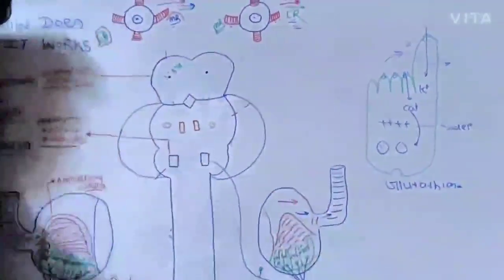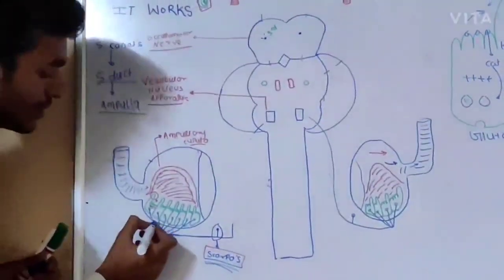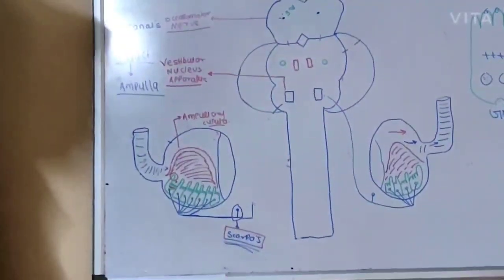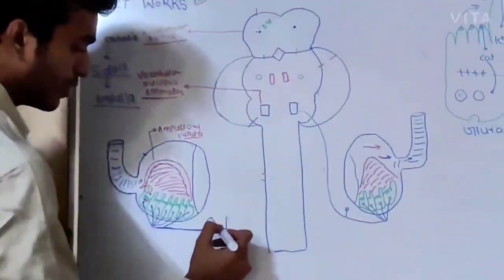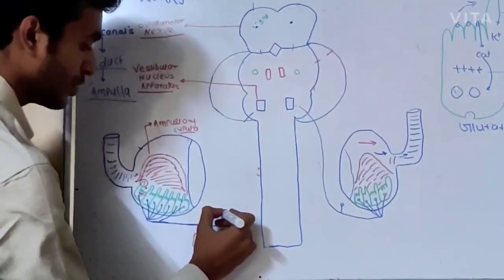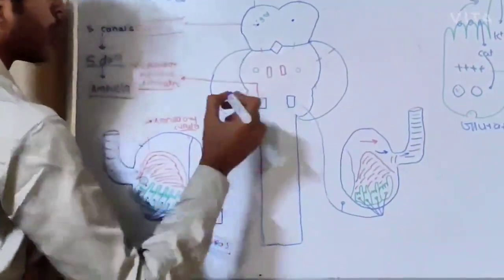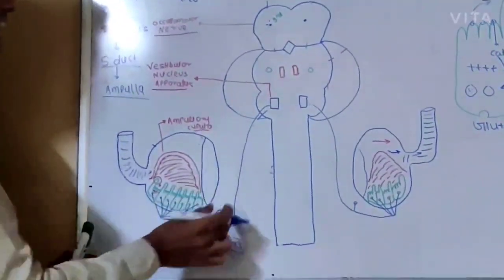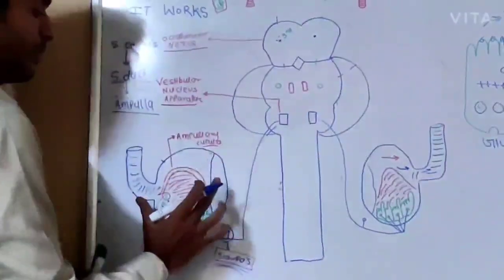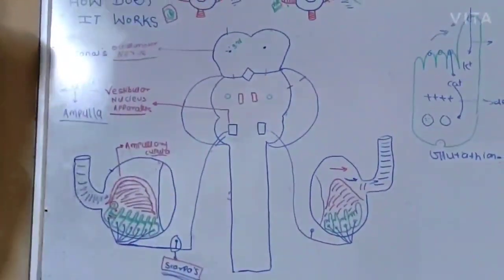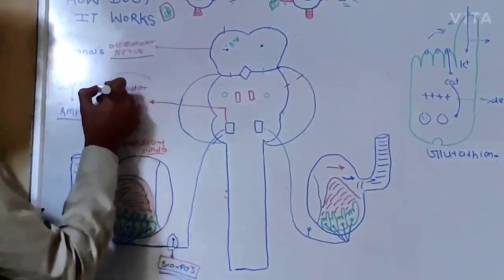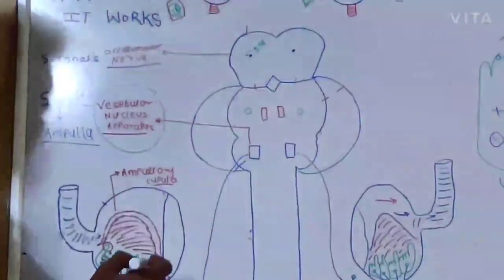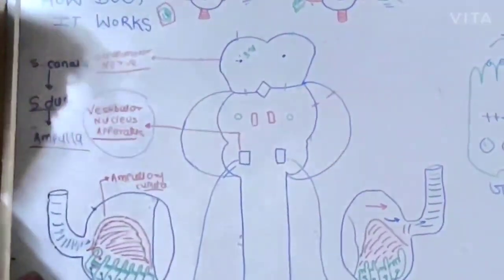As this neurotransmitter is released, a stimulus is generated which is carried first to Scarpa's ganglion. This nerve is basically the vestibular branch of the vestibulocochlear nerve, and it carries the information from this part to the central nervous system, specifically to the vestibular nuclear apparatus.